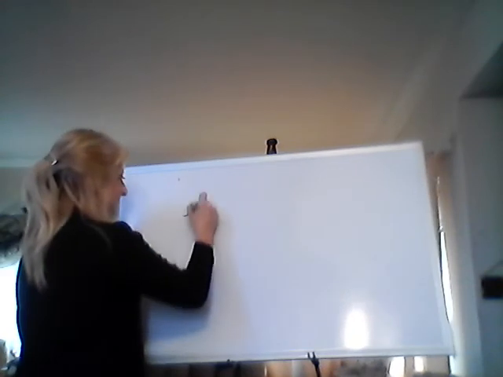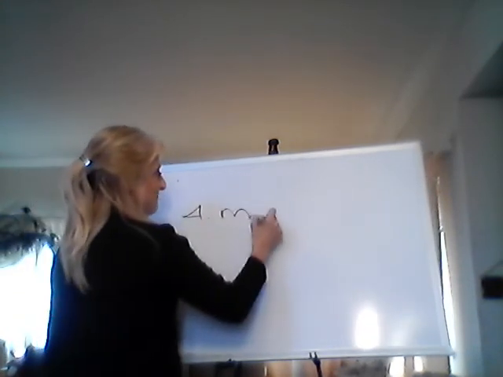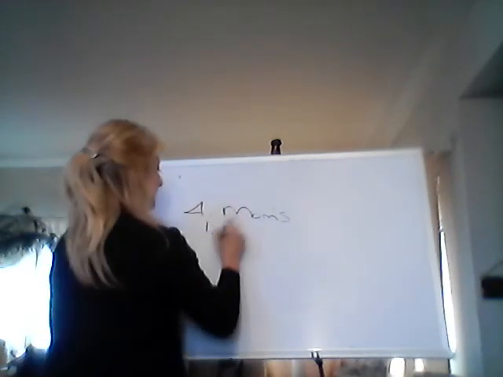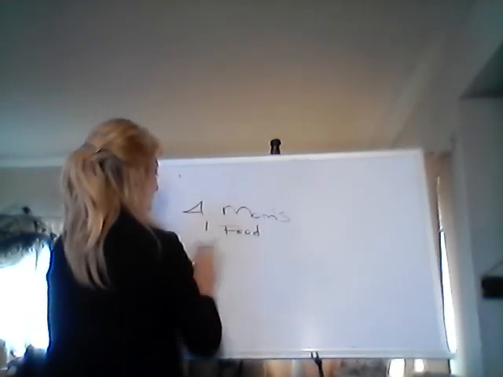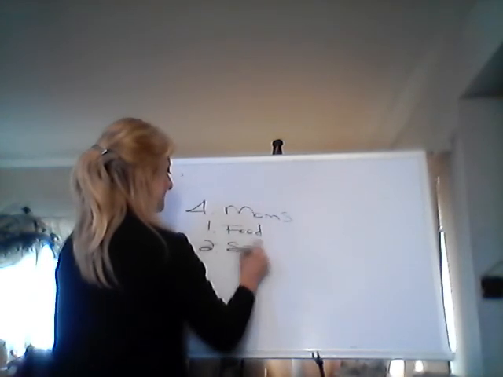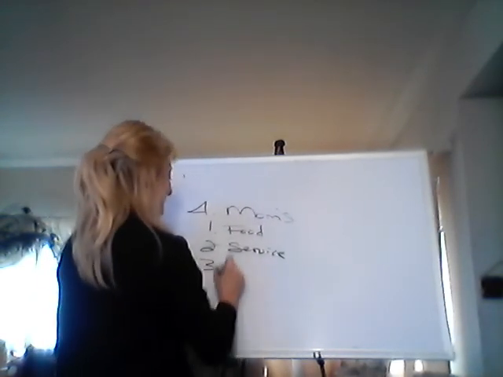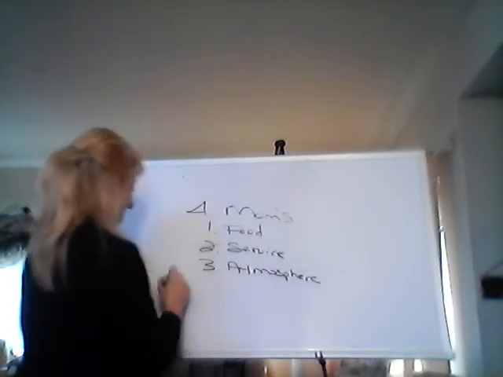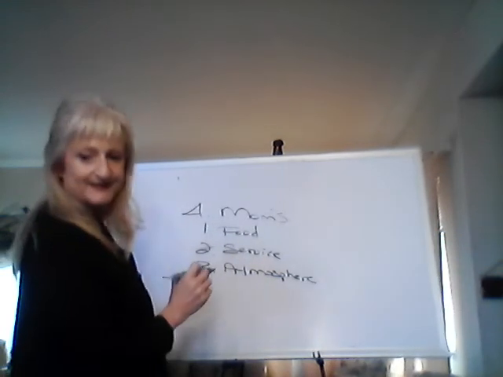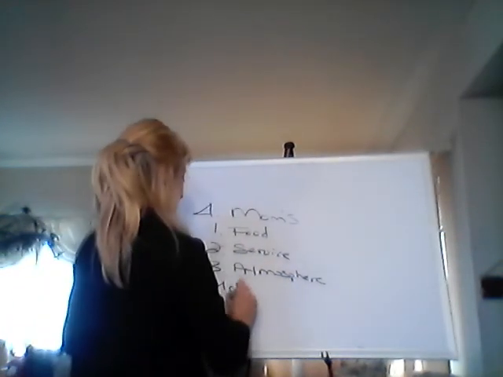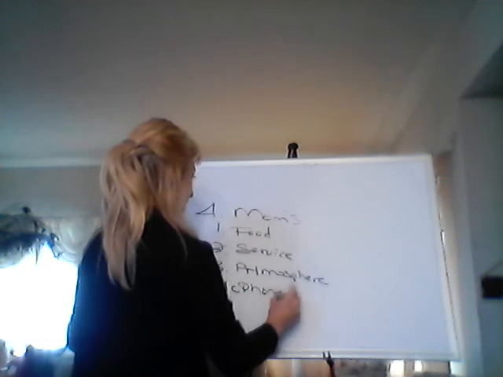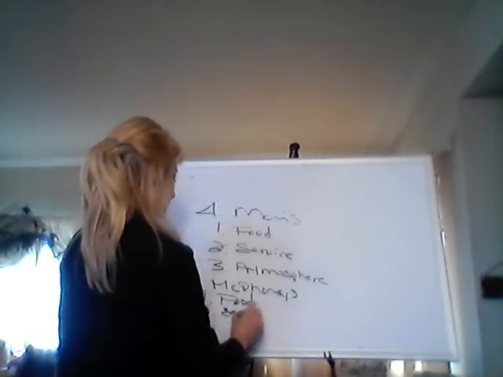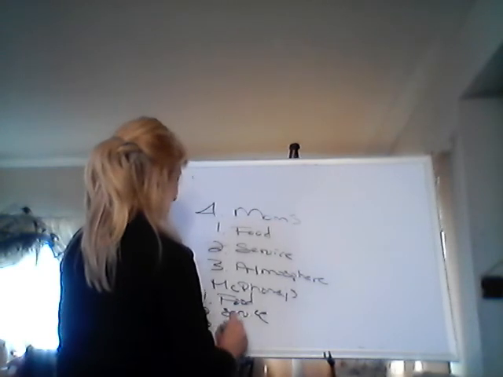All right, but block would be like this. You would have A, here's the topic, Mom's, right? And then you would have 1, food, 2 is service, 3 is atmosphere, and B would be McPhony's: food, service, and atmosphere.